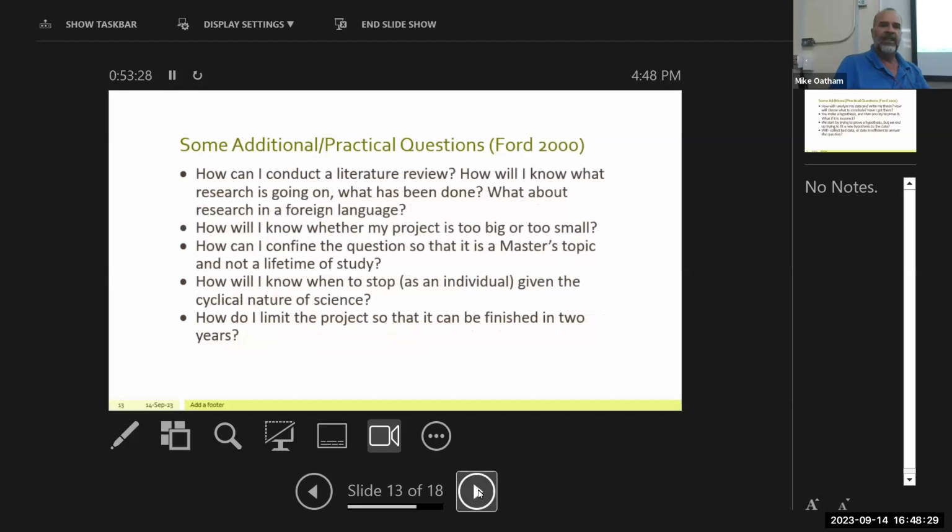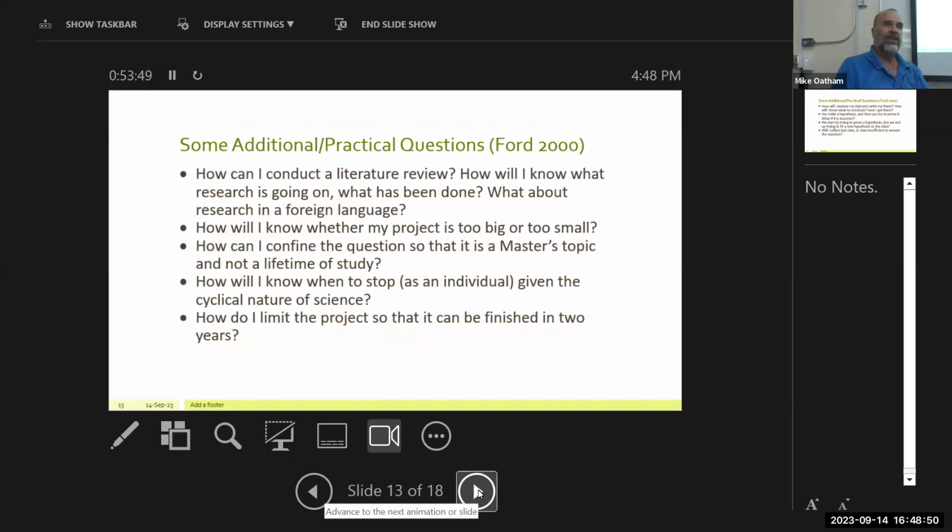How can I conduct a literature review? I think whenever you write an essay or an undergraduate report or some lab report or something like that, you do a lit review, okay?